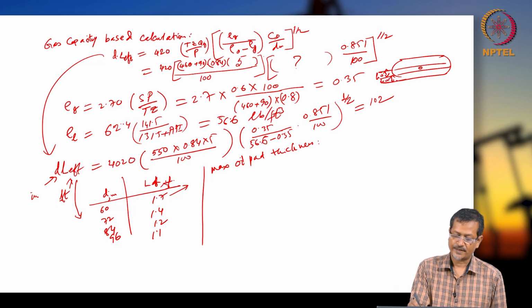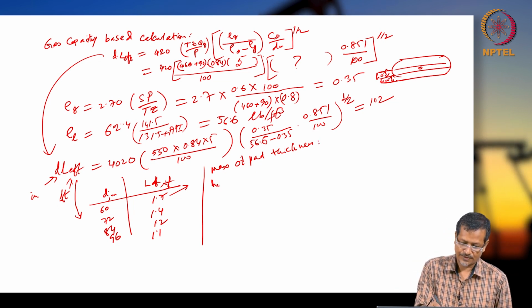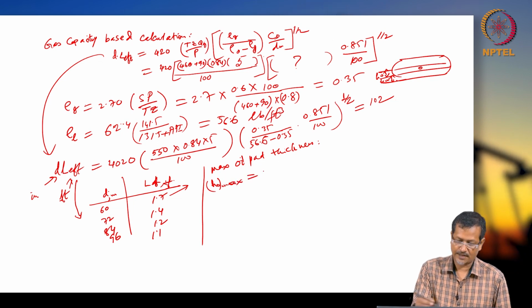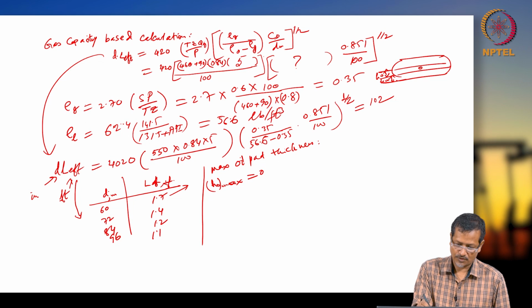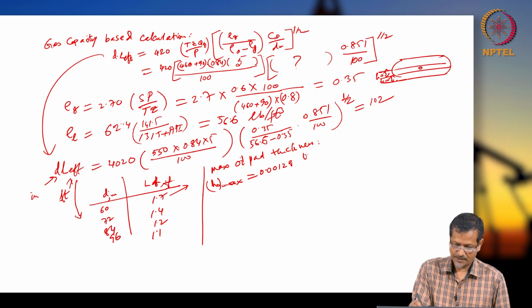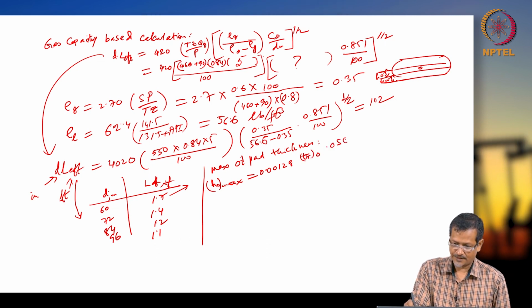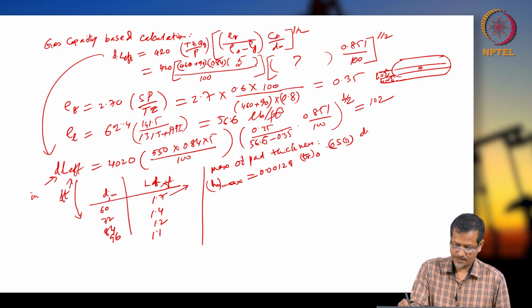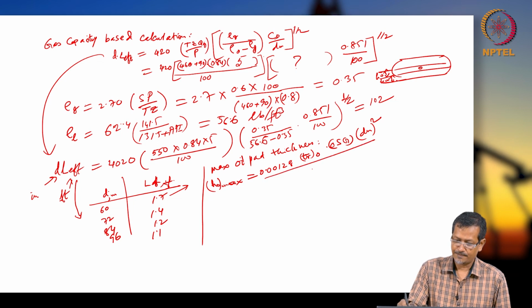So HO max, you have seen in the previous lecture. I'm not deriving the formula again, because we derived it previously: 0.00128 TR times rho del SG dm squared divided by mu.